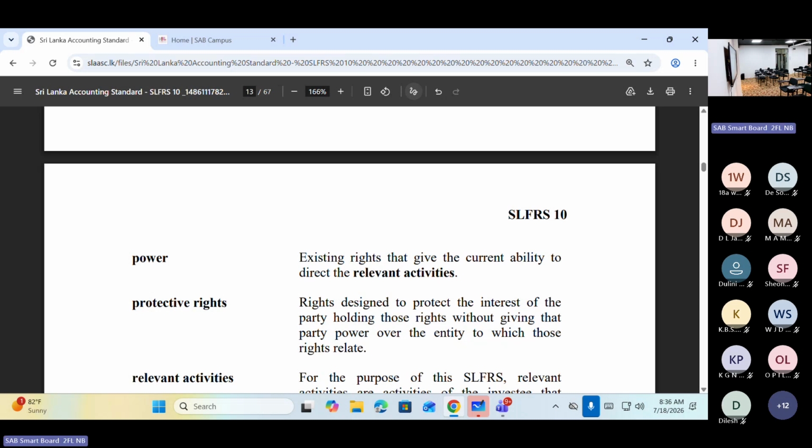Console adjustments. Those console adjustments can be divided into two.